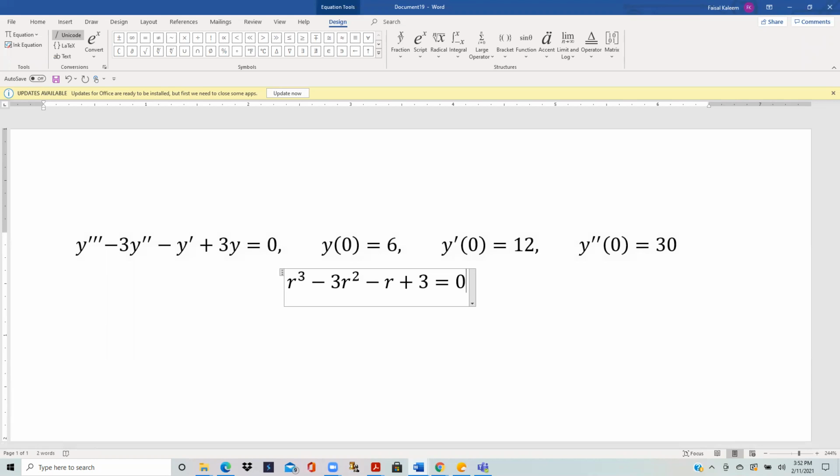And try to find the roots of this equation. And the roots of this one can be found by factoring by grouping.